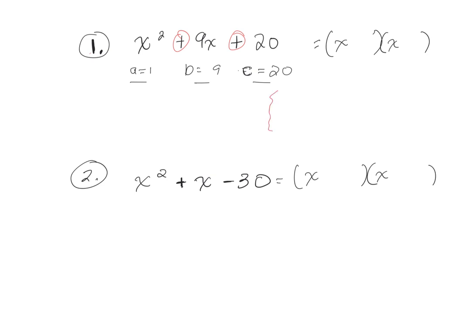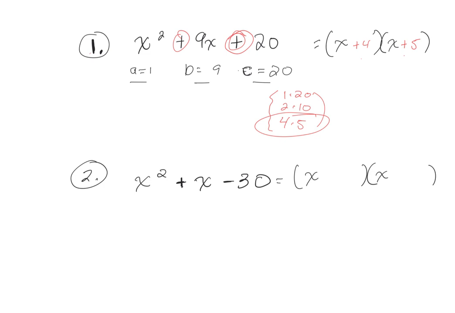I'm going to look at the factors of 20. We have 1 and 20, 2 and 10, and 4 and 5. So what adds up to 9? Positive 4 and positive 5. They're both positive because that's going to be a positive there. Okay?